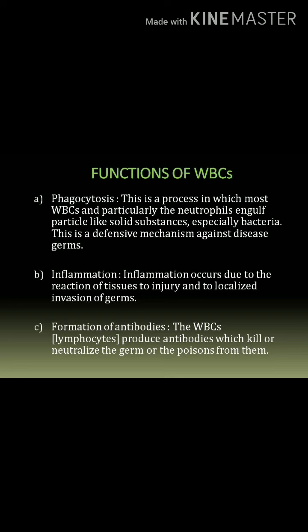Especially neutrophils show this phagocytosis because WBC shows amoeboid movement and can produce pseudopodia, so it can easily catch the disease-causing germs. So when there are disease-causing germs, neutrophils go near to them and swallow them. That process is called phagocytosis.